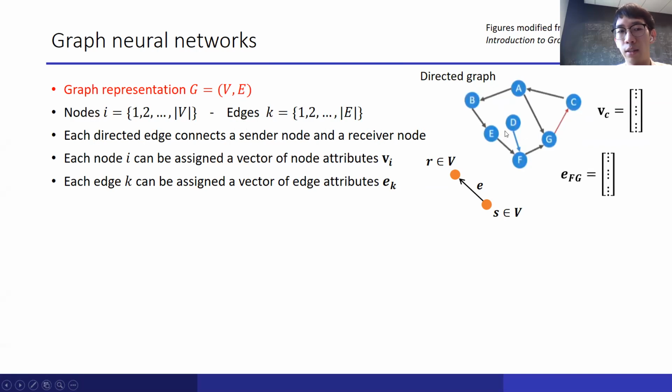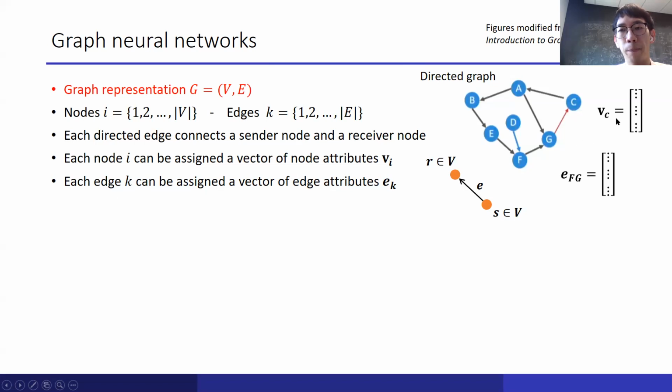Each directed edge connects a sender node denoted by S and a receiver node denoted by R. More importantly, we should note that each node or each edge can be assigned a vector of node attributes or edge attributes.